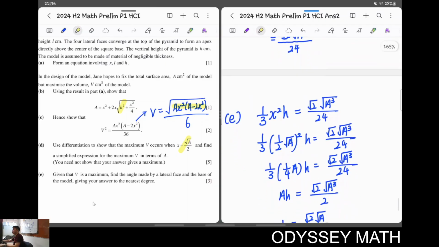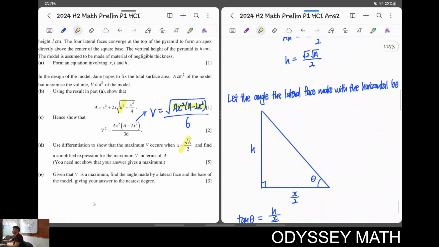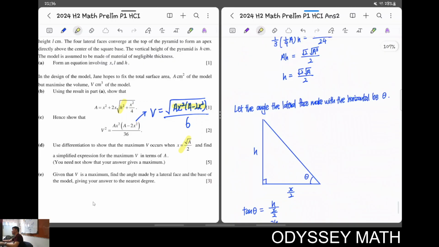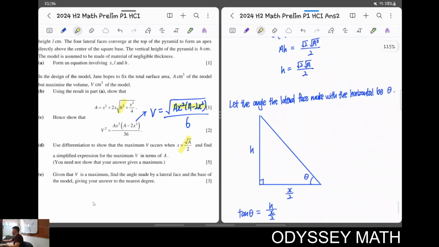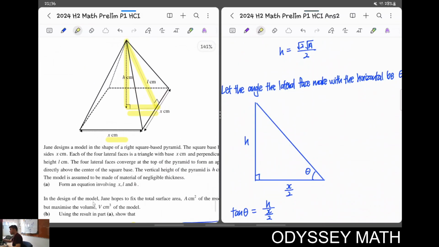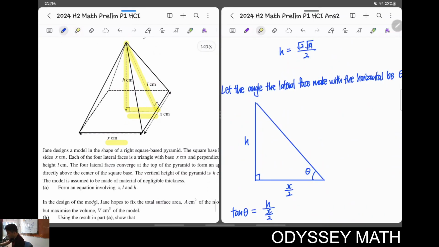I know that this is how the 2D looks like. Let the angle the lateral face makes with the horizontal be theta. So I know that the bottom is x over 2. This is theta and this is h, right?